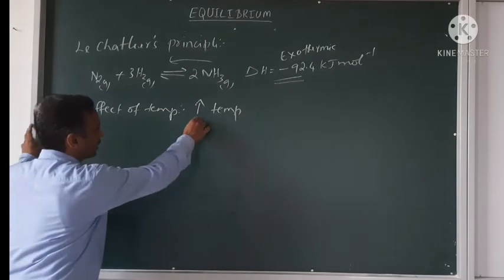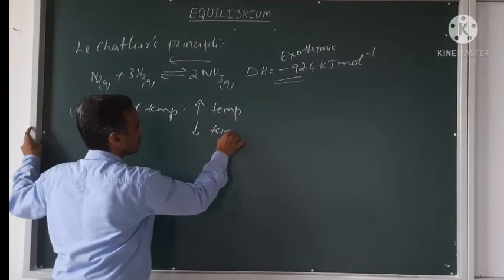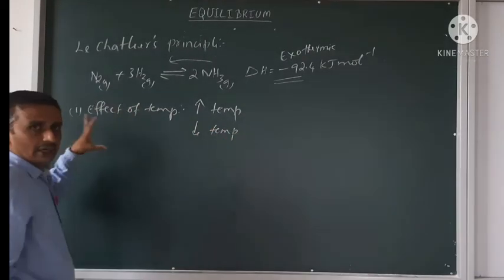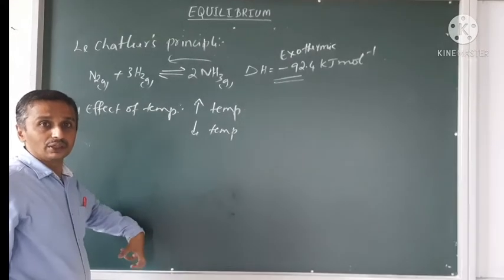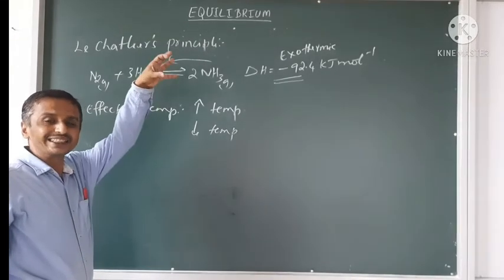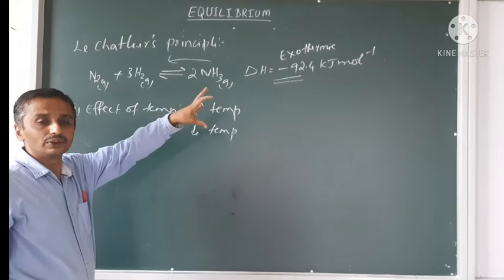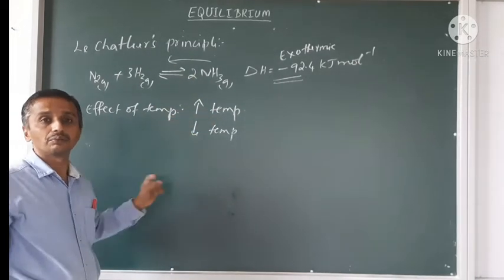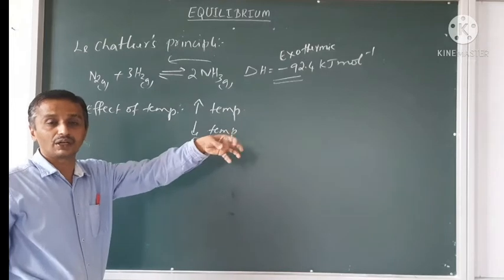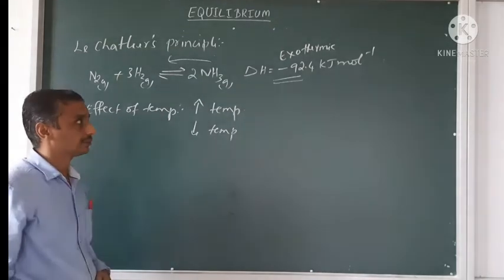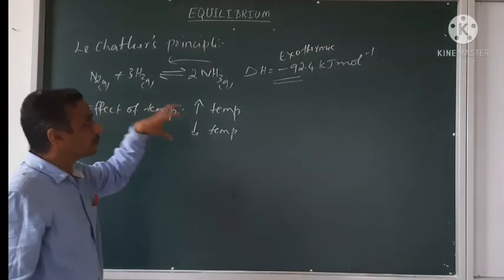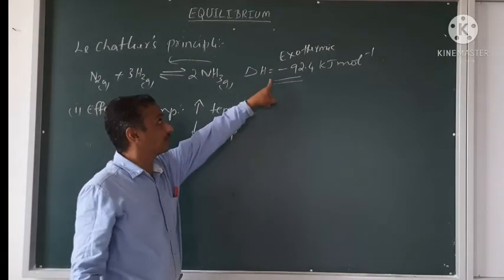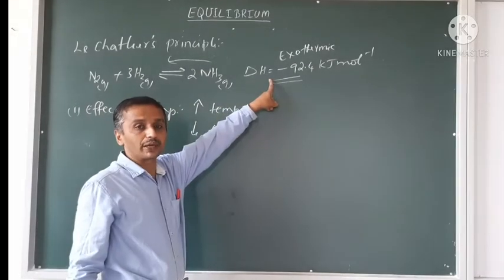Now, if I decrease the temperature, the reaction wants to increase the temperature to maintain the equilibrium constant as a constant by giving or supplying heat from the reaction. And the reaction will supply heat in the forward direction only because forward is exothermic.